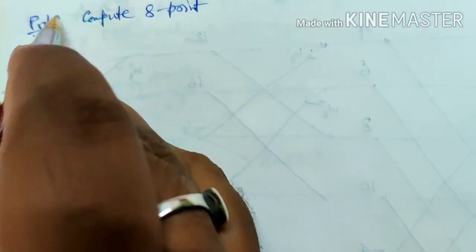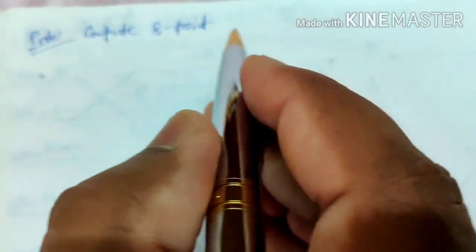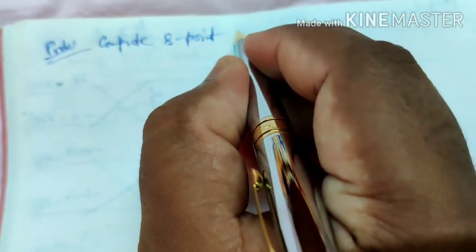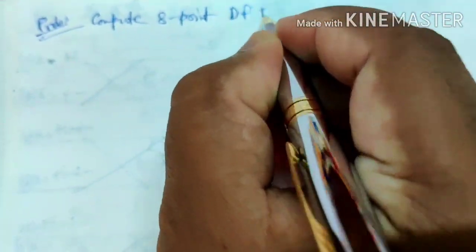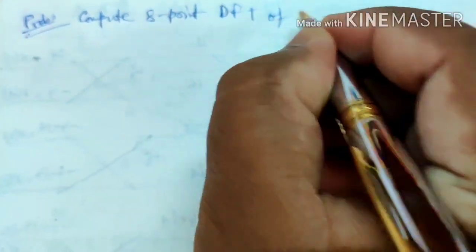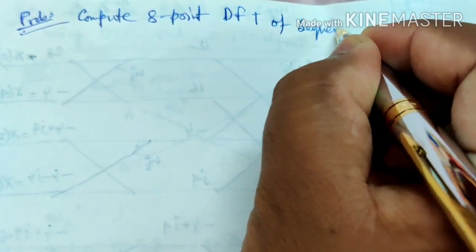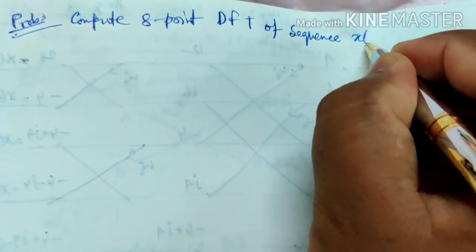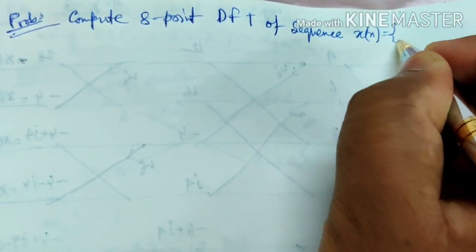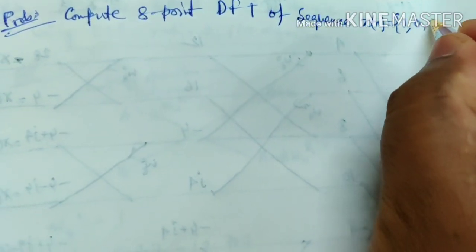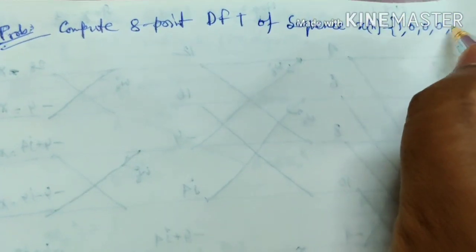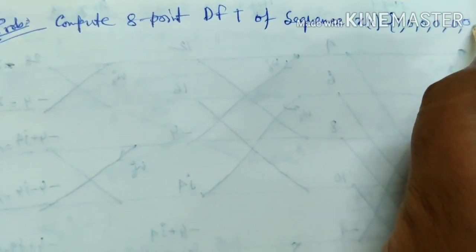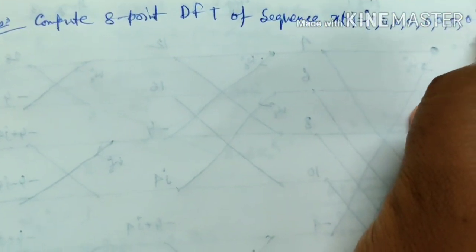Let us consider a problem. Compute the 8-point DFT of the sequence x(n) that will be 1 0 0 0 0 0 0 0.